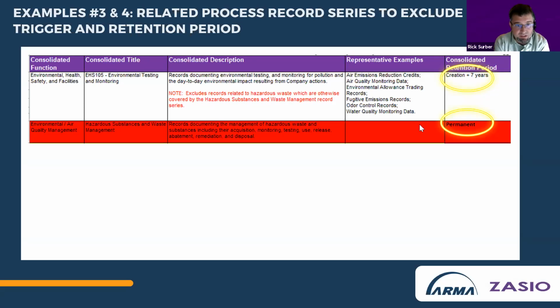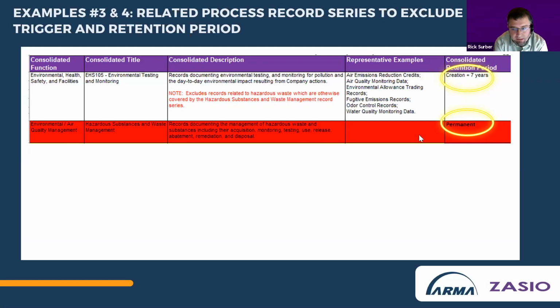There are specific industries that want every single one of their records listed. I think nuclear is a great example. I've worked with nuclear clients to try to use representative examples, and almost every one said, we actually want every single one of our records listed, and it's an exact process, so it's understood that way.